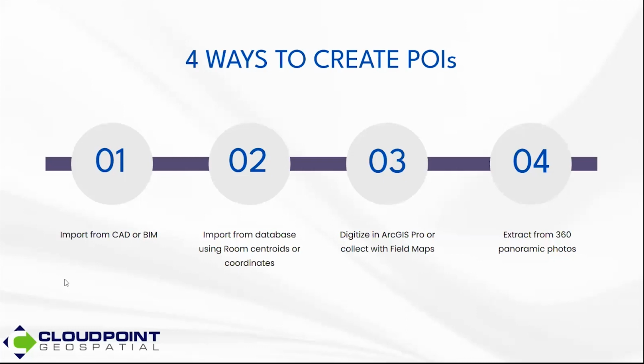Another way is to digitize them in ArcGIS Pro, or using Field Maps as you go through the building to collect and digitize points of interest that way. And lastly, one way we like to collect those is from scan data or 360 panoramic photos, a really nice and handy way to extract those points of interest from actual 360 photos as you go through the building.